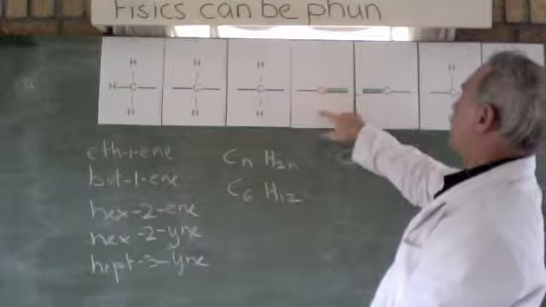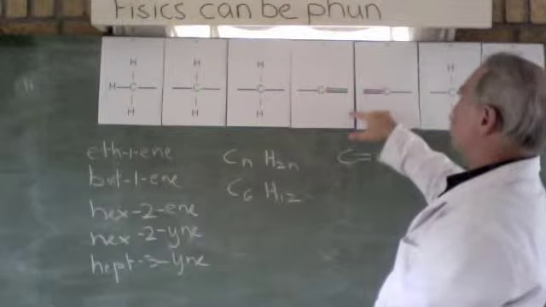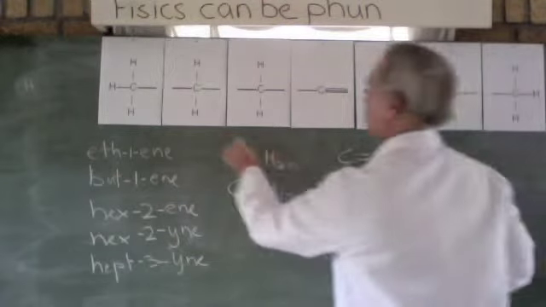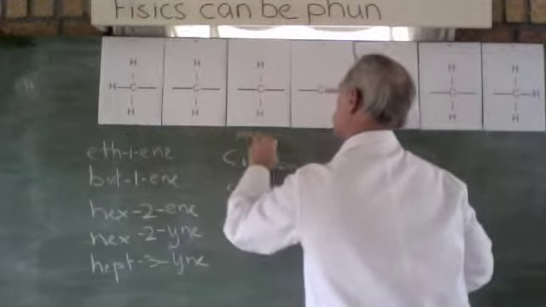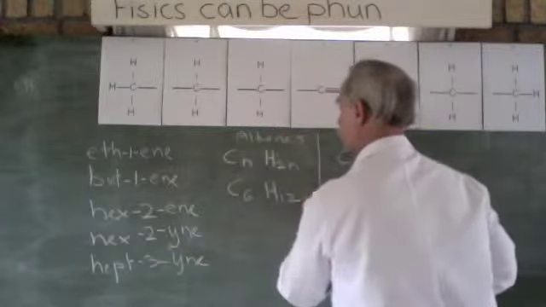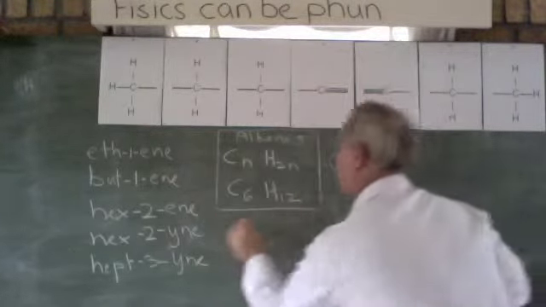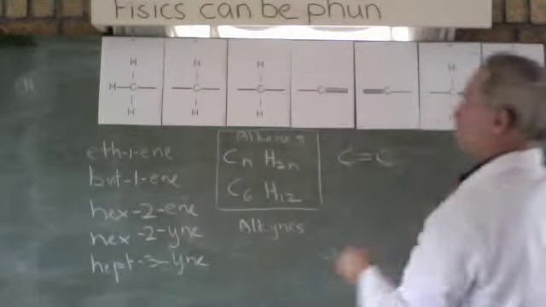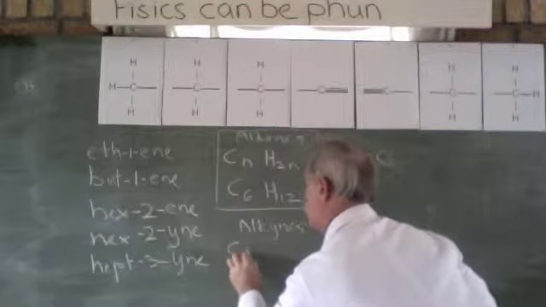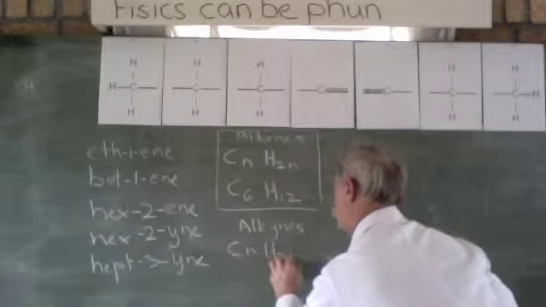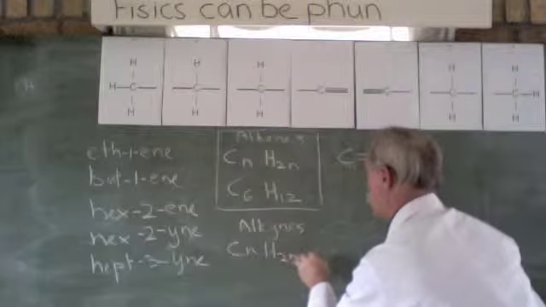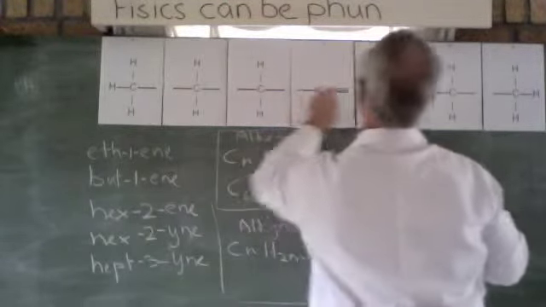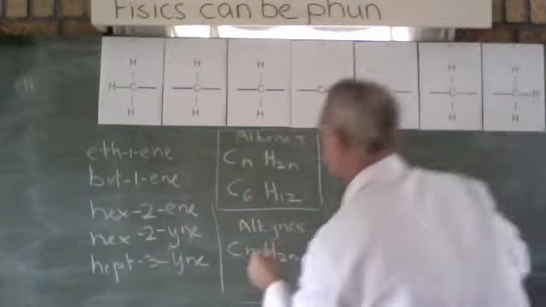And notice that we've just dropped another hydrogen in turning an alkene into an alkyne. So whereas that was the formula for the alkenes, the alkynes have 2 fewer hydrogens. So their formula is going to be CnH2n minus 2. So for example, 1, 2, 3, 4, 5, 6, 7 carbons.